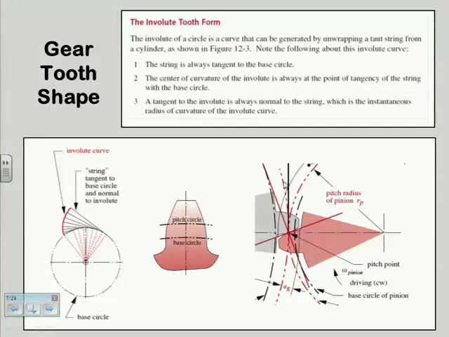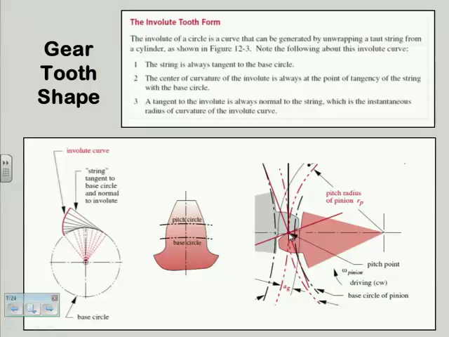This line in red, which becomes black at some point up here, I guess it gets onto the circle. That black dotted circle right there is the base circle. And the involute line, the string, so-called, as I called it earlier, runs from tangent to the base circle of this gear to the base circle of the other gear, and it goes through the pitch point, which is at the confluence of the two pitch radii.